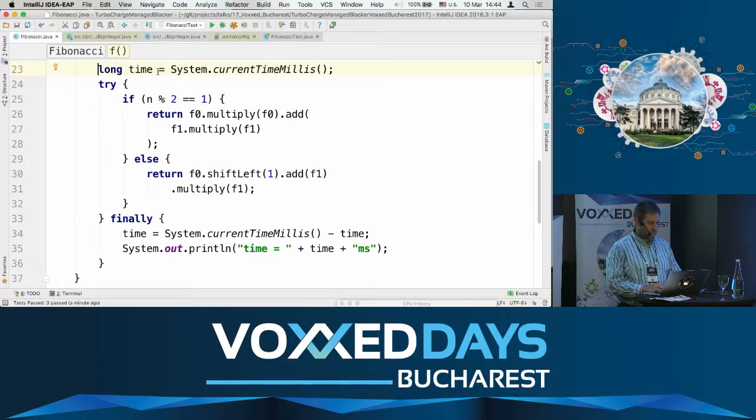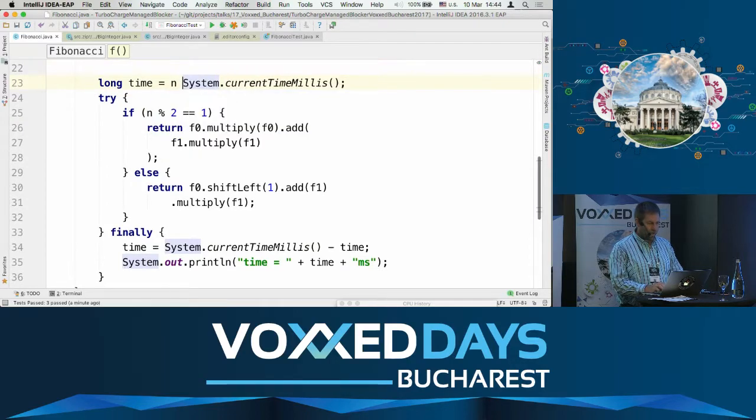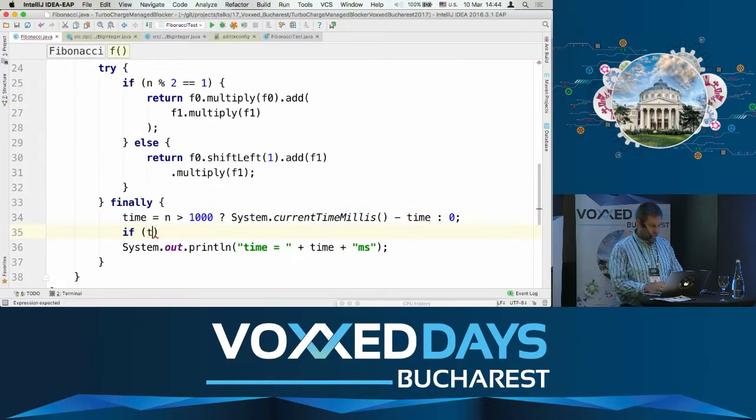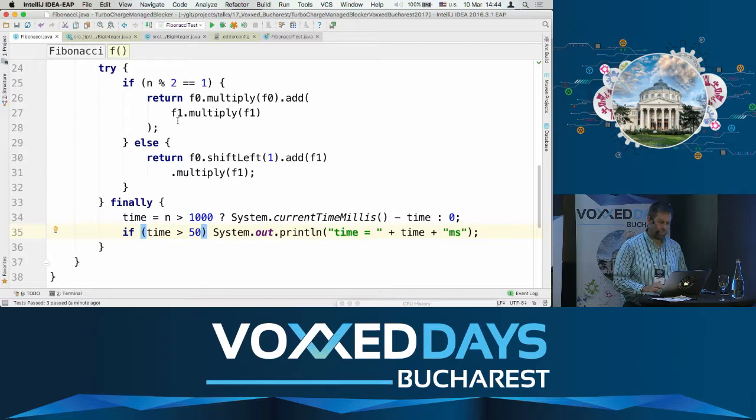So I'm going to say I only care if n is bigger than 1,000. Then I'm going to look at the time millis. Otherwise, I just use 0. And the same thing here, if n is bigger than 1,000, I'm going to work out the time, otherwise 0. And if time is bigger than, let's say, 50 milliseconds, then print out the time.